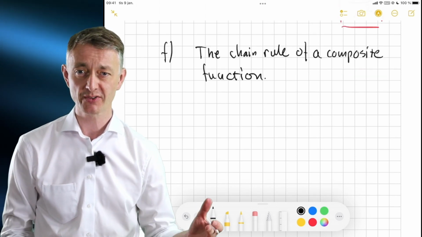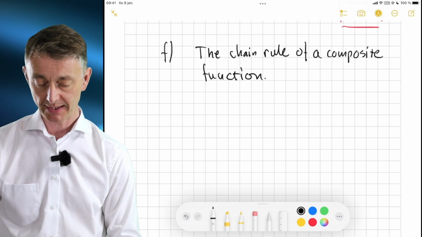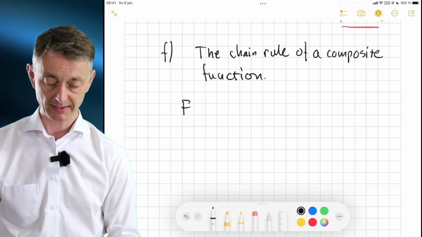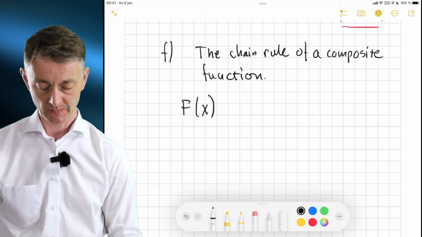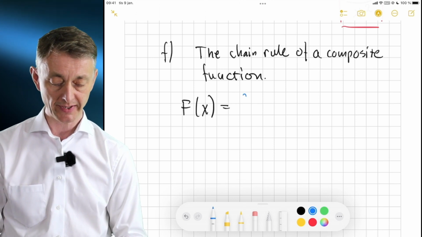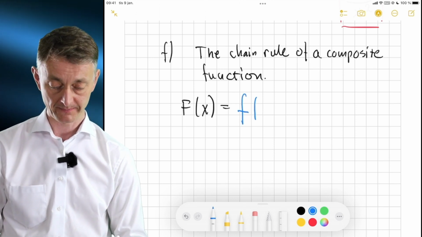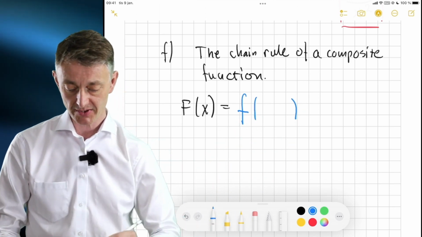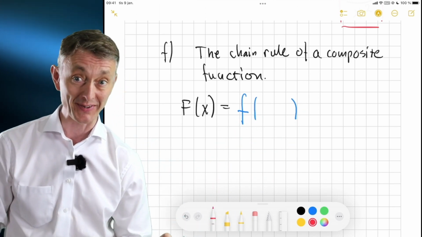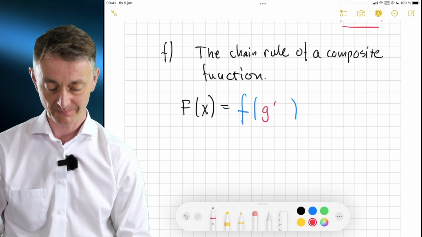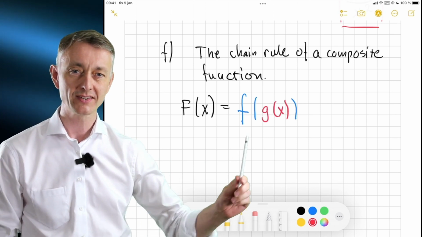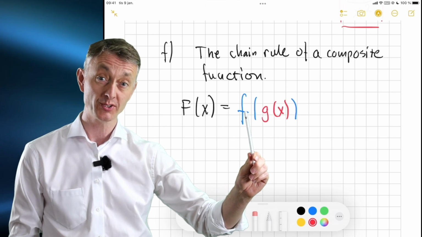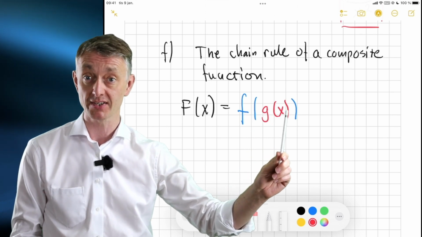So this is a composite function, so two functions. Let's assume we have a function f of x is a function of f. So this is one function, and that in turn is a function of another function, g of x. So we can see there are two functions here, f, which is a function of g, and g is a function of x.